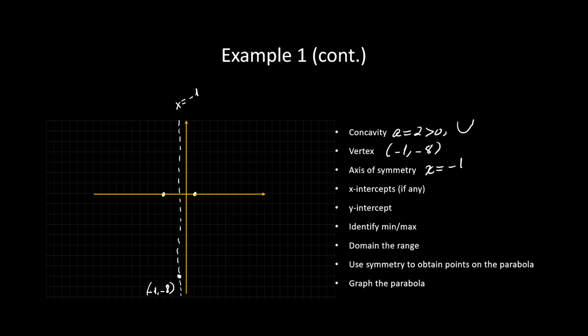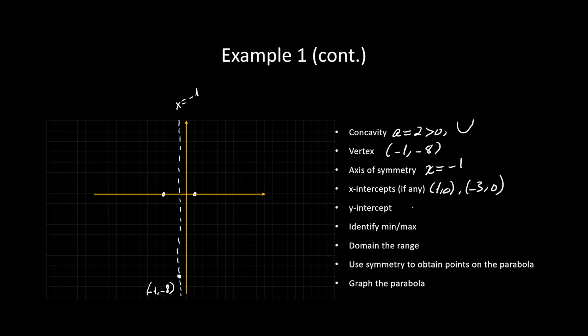We have one at negative 3. Okay. And we can see that they are symmetric with respect to the vertical line x equals negative 1. There are two squares from here to there, two squares from here to there. That means we're on the right track, okay, so far. So this is (1, 0), (negative 3, 0).